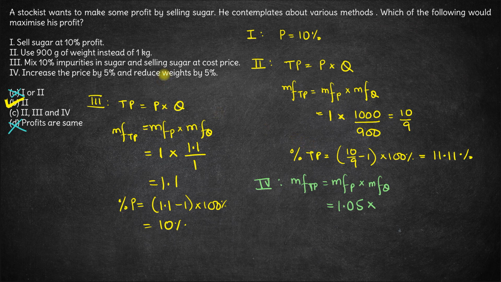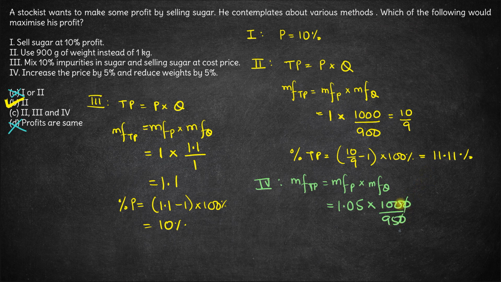He reduces the weight by 5%. That means if a customer wants to buy 1000 grams, he will only get 5% less than that. That means he will only get 950 grams. So what the shopkeeper is going to do here is sell an actual quantity of 950 by saying that it is 1000 grams. So the final quantity here becomes 1000 upon the initial quantity of 950.